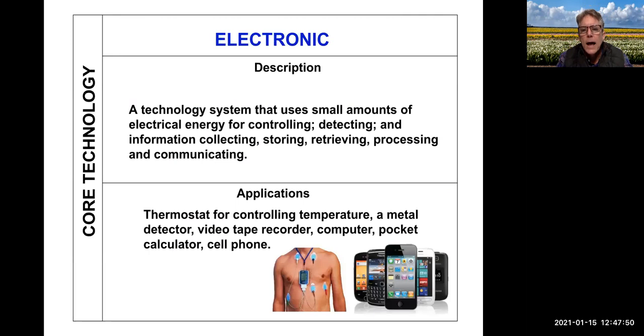Okay, applications of electronic technology are a thermostat for controlling temperature, a metal detector, a videotape recorder, a computer, a pocket calculator, a cell phone. Everything that we think of sort of as a device, as a technology.